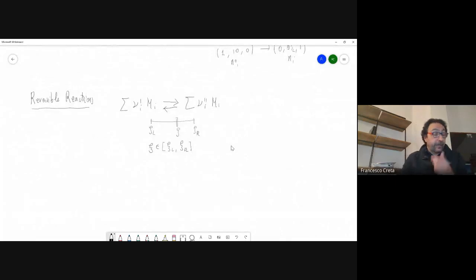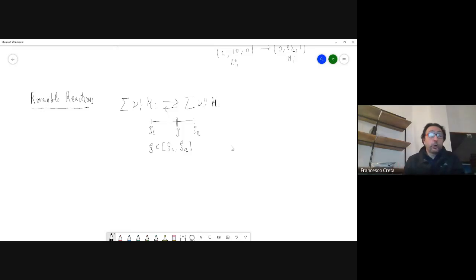So how do we define this slider? Well, we've just said that in the case of irreversible reactions, the change in the number of moles is equal to the difference in stoichiometric coefficients.